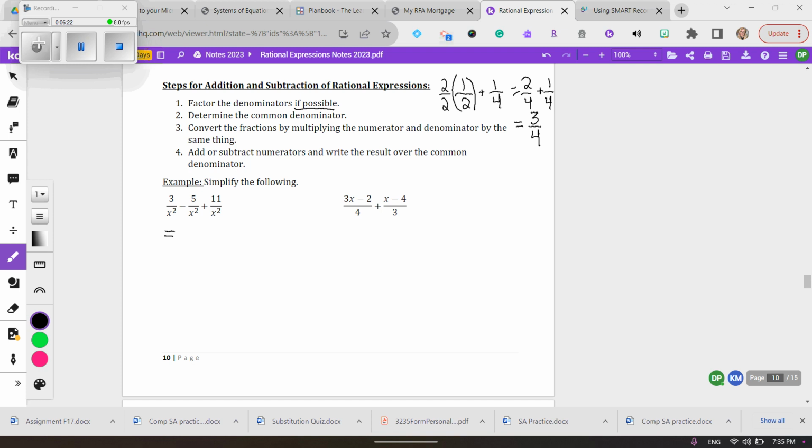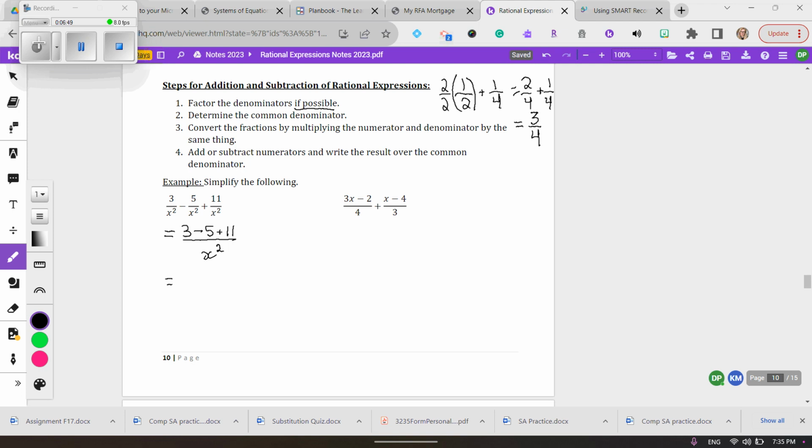So I can add and subtract the numerators, 3 minus 5 plus 11, and bring it to one common base. Because they're all the same, I can bring them to one fraction, and it becomes 3 minus 5 plus 11 divided by x squared. I then take 3 minus 5 plus 11.